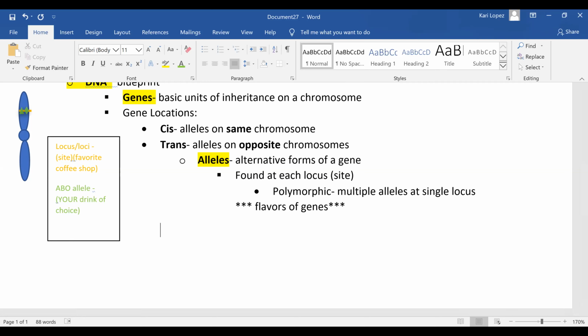There we go. Then we have a haplotype. Now, what's a haplotype?